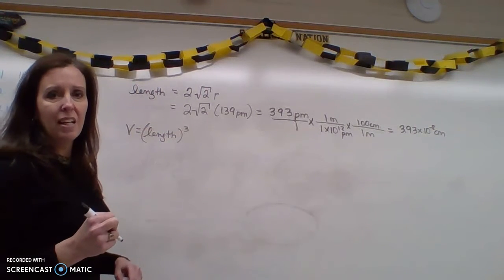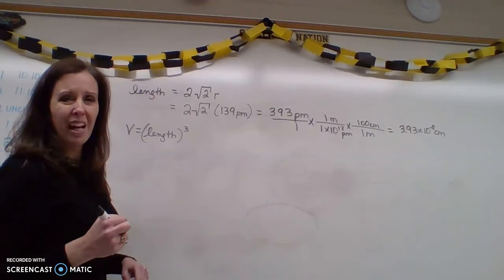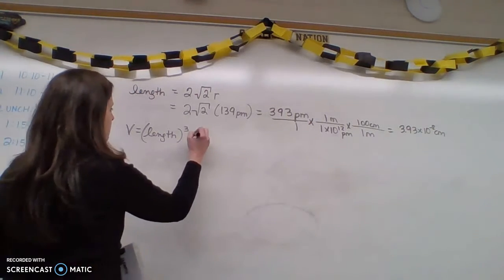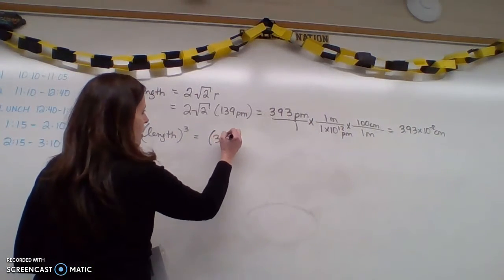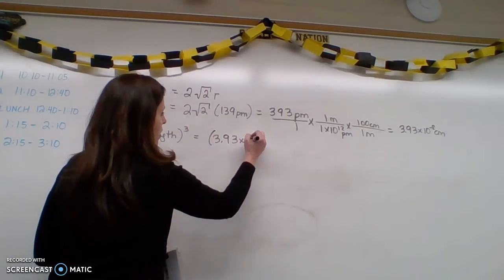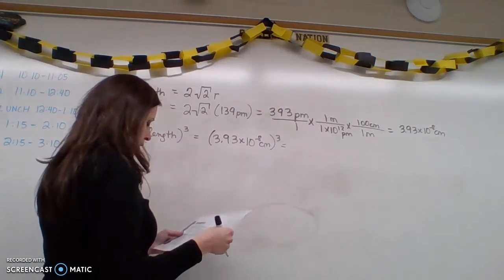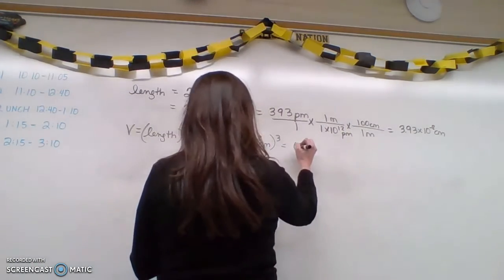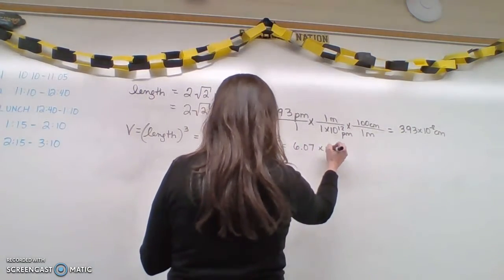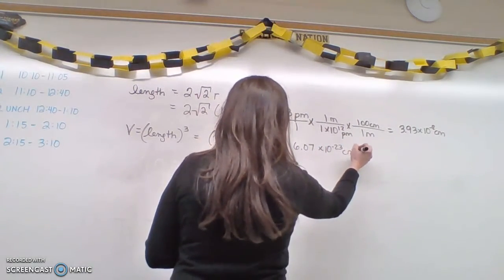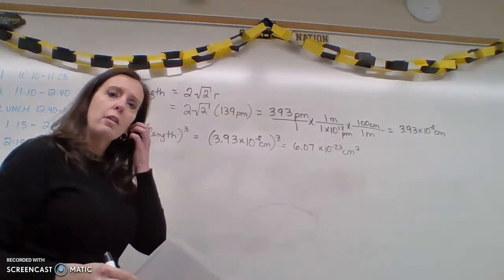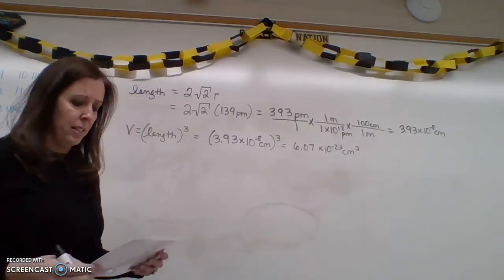And I know that density is mass over volume, so that's why I'm looking for volume now. And if the length is that cubed, then the volume is centimeters cubed or milliliters, which is what we want for a density problem.